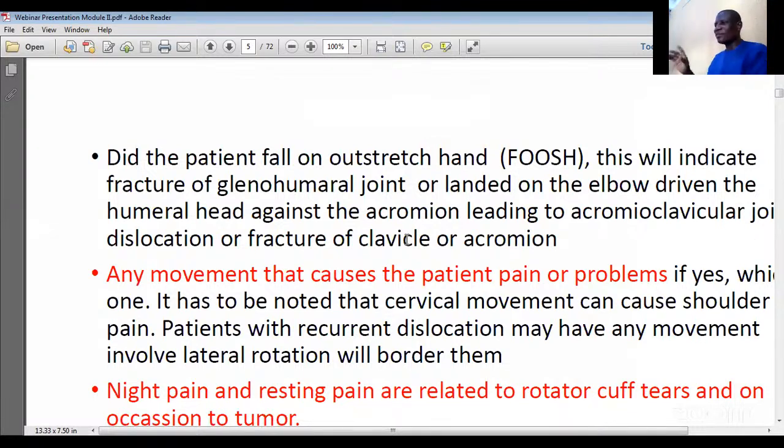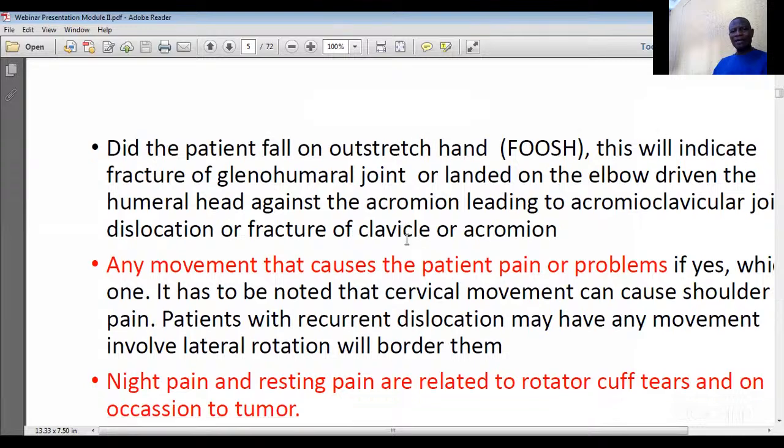Patient with recurrent dislocation may have been involved in any movement which may regard the lateral rotation. What we are saying is that if there's lateral rotation of the shoulder joint, right, and the patient has sustained dislocation of the shoulder joint before, that movement will be fearful.